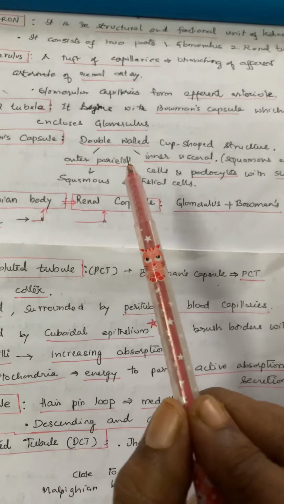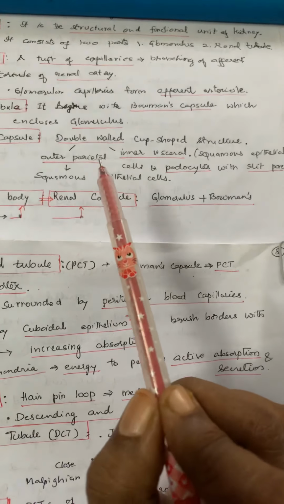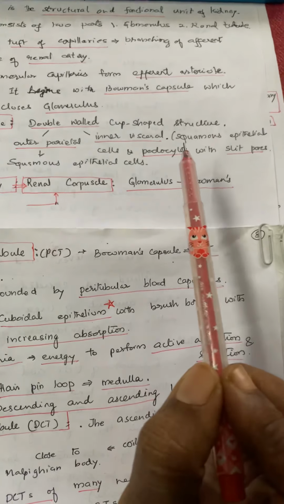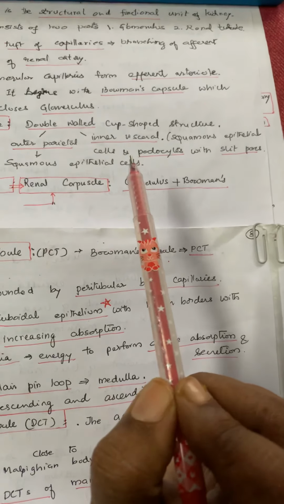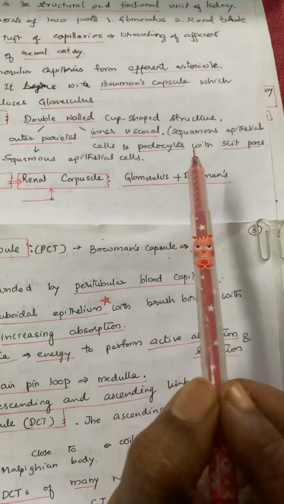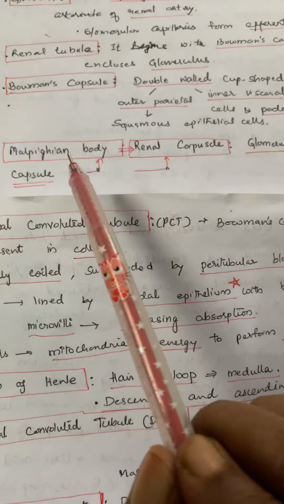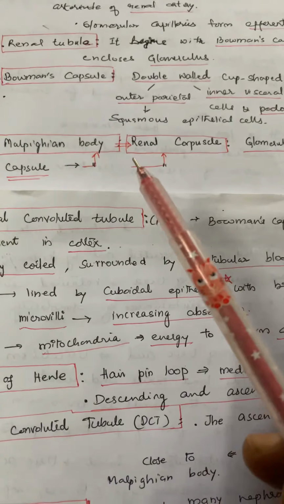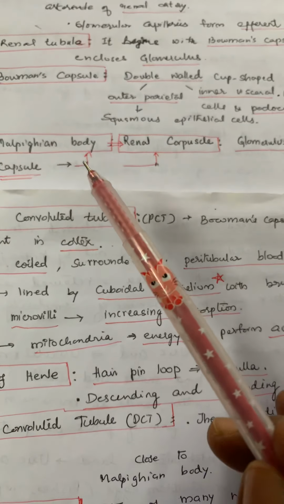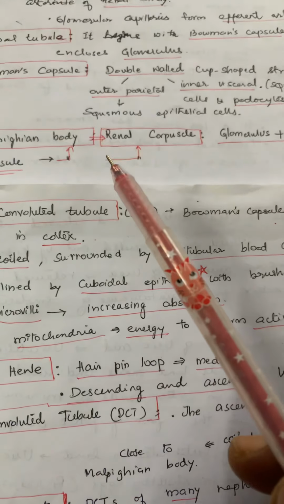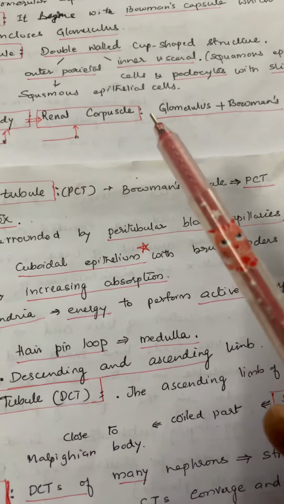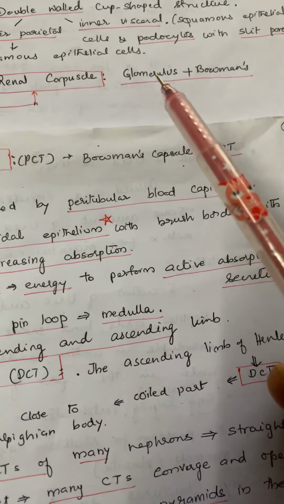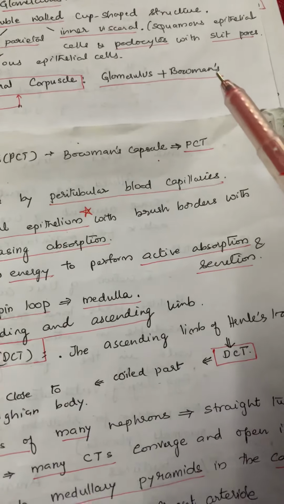Bowman's capsule is a double-walled cup-shaped structure which consists of an outer parietal layer lined with squamous epithelial cells and an inner visceral layer lined with squamous epithelial cells, and also the podocytes with slit pores. So the Malpighian body, or the Malpighian capsule, is also called the renal corpuscle, which is formed by both the structures, glomerulus and Bowman's capsule.